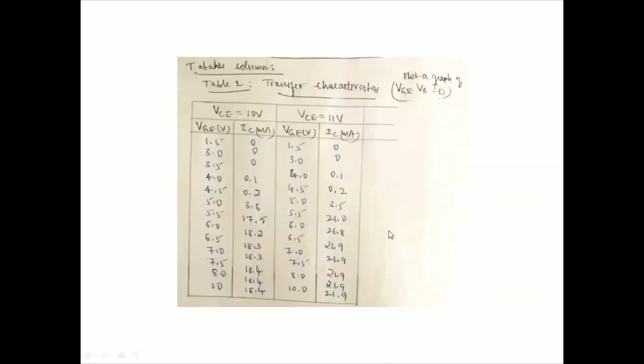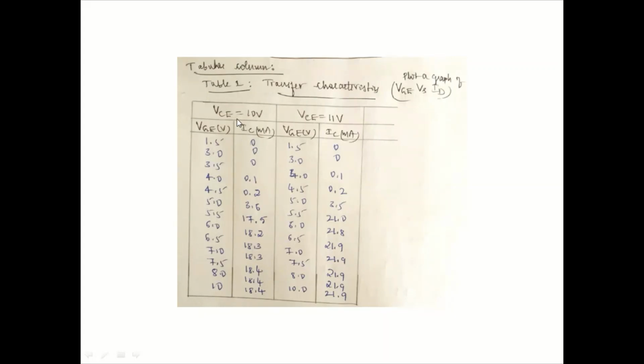After conducting the experiment on the IGBT, both for transfer characteristics as well as for the output characteristics, here are the readings. As mentioned in the instructions for carrying out the experiment, the tabular column is reflecting the same kind of procedure.